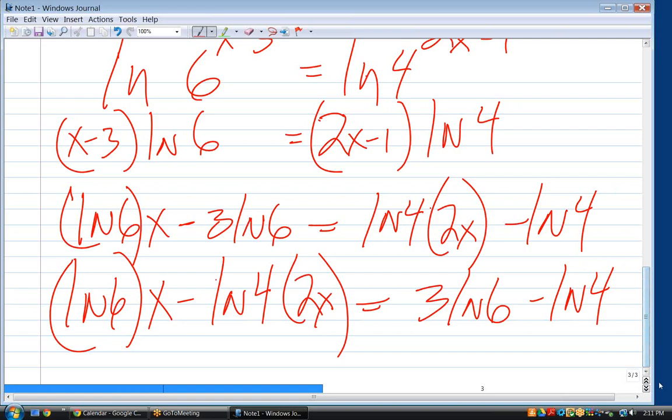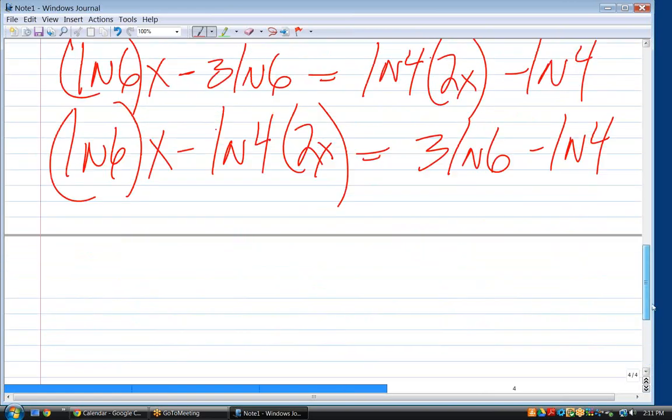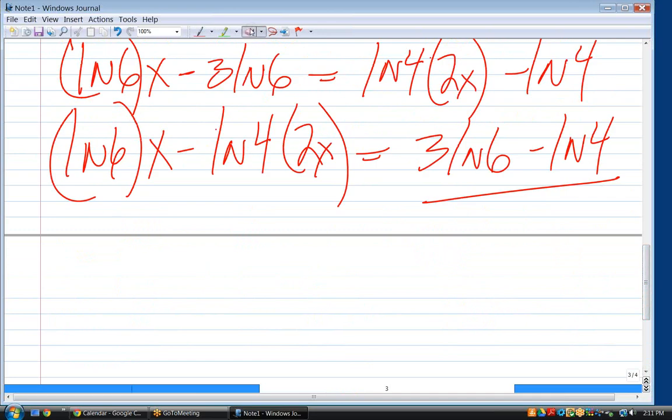And again, that's just a number, as is that, and as is that. So the next step would be what, if I'm trying to solve this equation for x? Well, you need to divide out your natural logs, but you need to combine first.